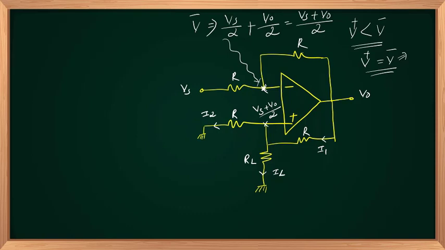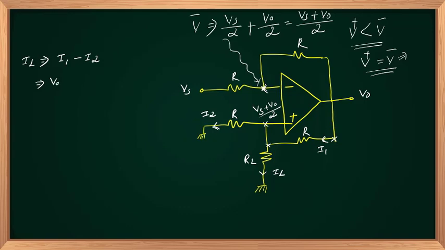So if my current directions are I2 leaving this node and I1 coming to that node, then I can directly write my IL is equal to the difference between I1 and I2, I1 minus I2. And my I1 is nothing but the potential difference, which is V out, and this is at Vs plus V out by 2.